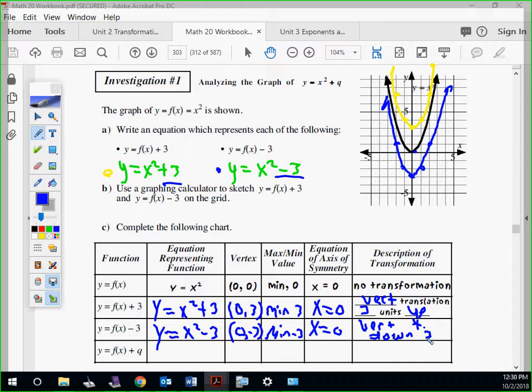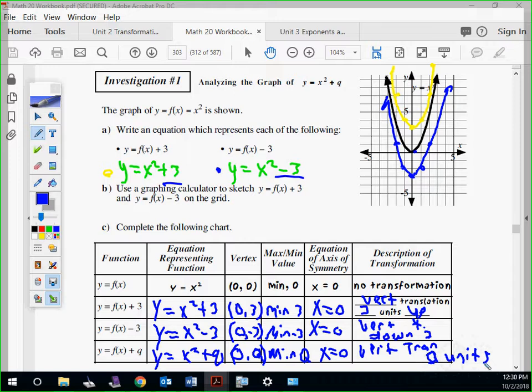Then f of x plus q, x squared plus q. The vertex would be 0, q. I'm trying to make it a little easier to see. The min is at q, still x equals 0. Vertical translation q units.